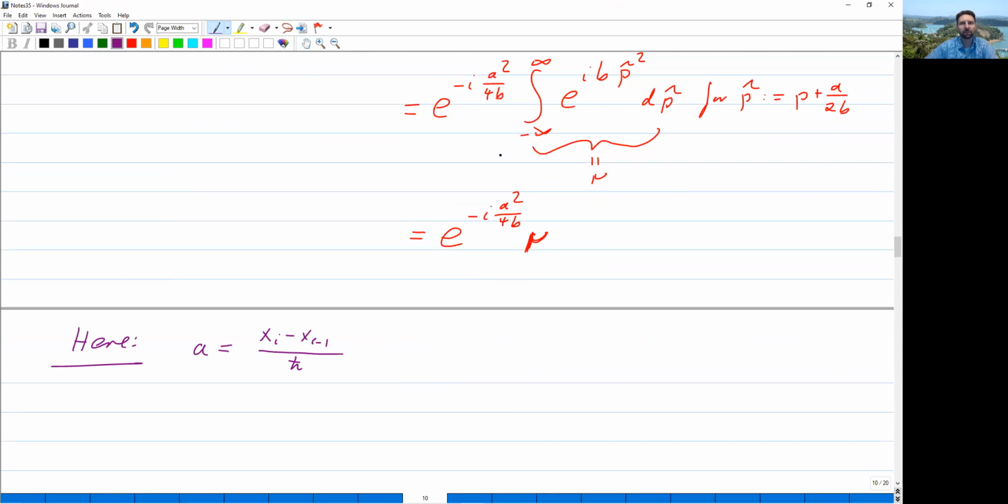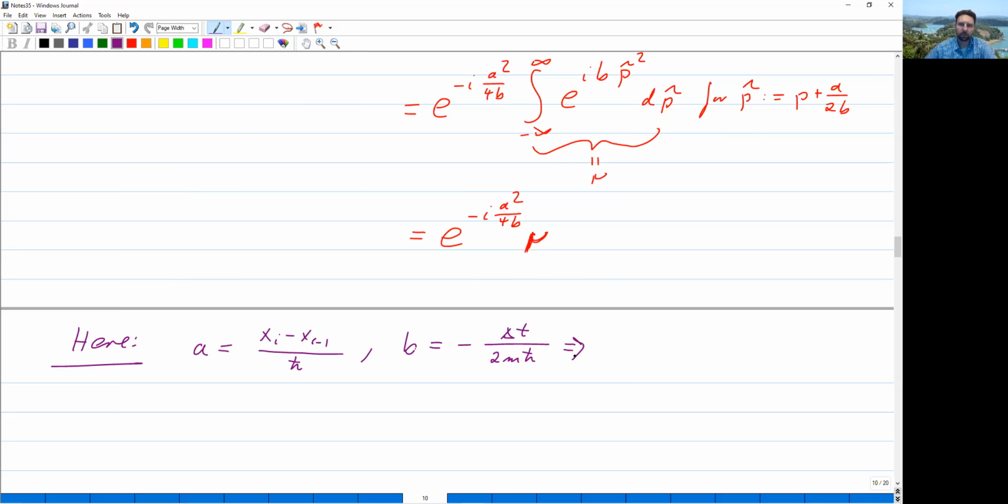For each one of these p integrations, we get an A, right? And then B is equal to minus delta t divided by 2m h bar.